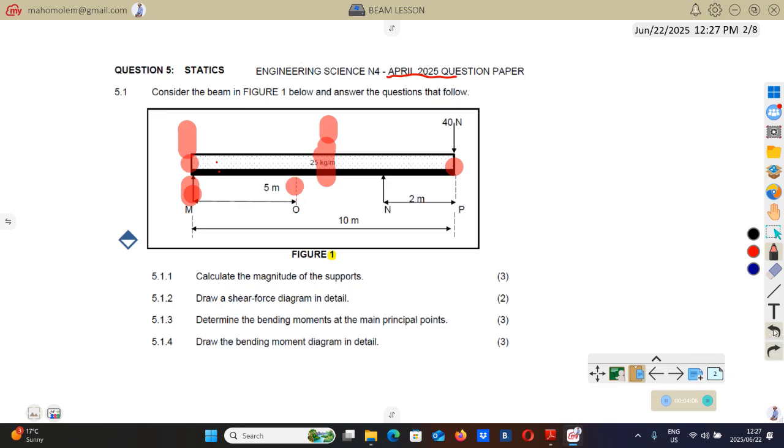That's how you will get this from the original question paper.